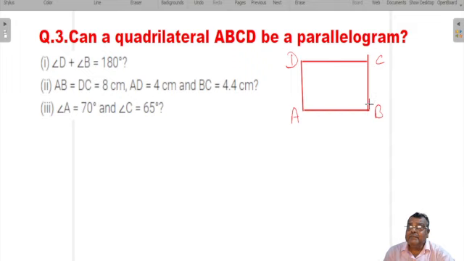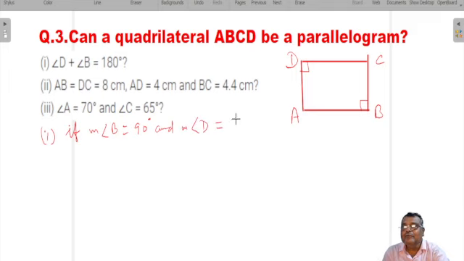So angle D plus B 180 degree. Here, measure of angle B and measure of angle D. If measure of angle B is equal to 90 degree and measure of angle D is equal to 90 degree, then only it is possible to have a parallelogram.